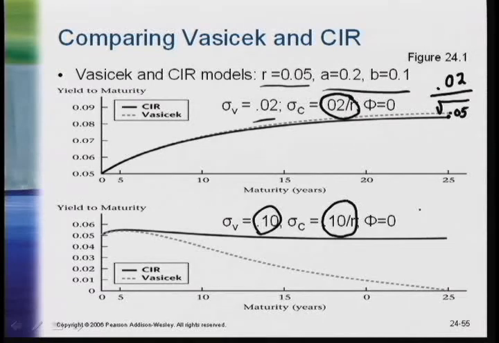This should be that the Cox-Ingersoll-Ross sigma was the volatility of Vasicek divided by the square root of the initial interest rate of 5%. And you can see the Vasicek model predictably is producing longer interest rates, an inversion in the yield curve of spot rates where it declines.